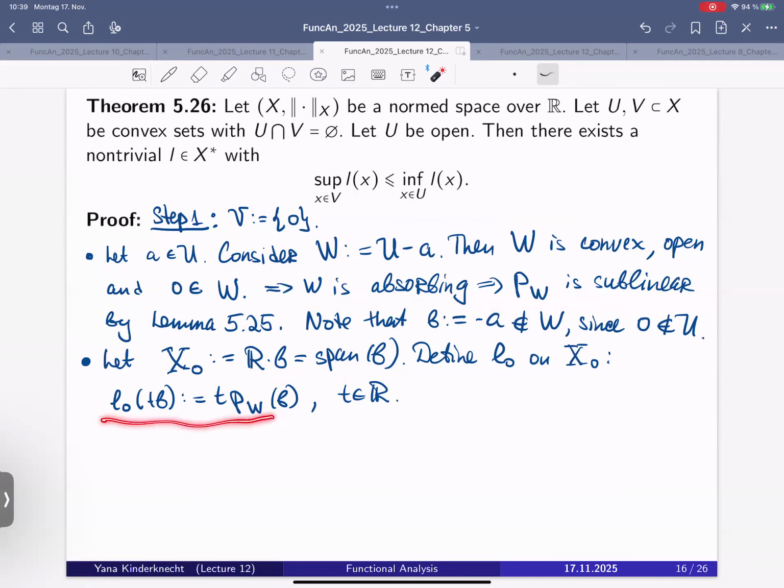Namely, one can check that this L0 is linear, and then it is also continuous because everything happens in a one-dimensional space.